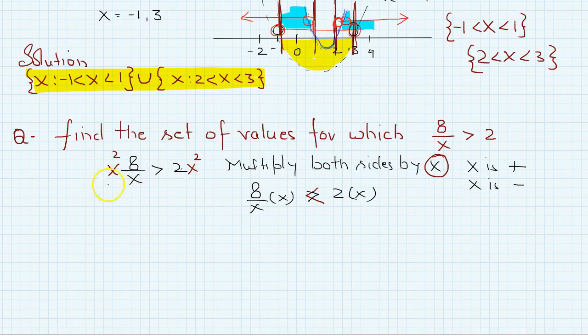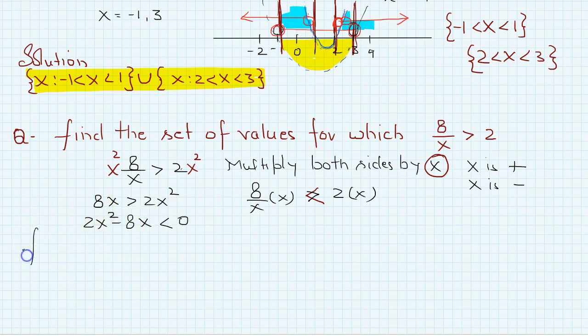So now this will be 8x is greater than 2x square. So I can write this one as 2x square minus 8x is less than 0.